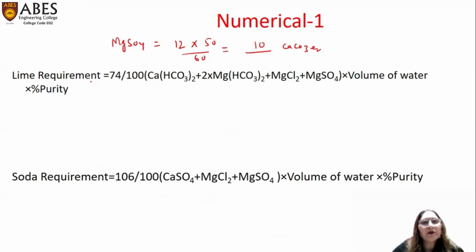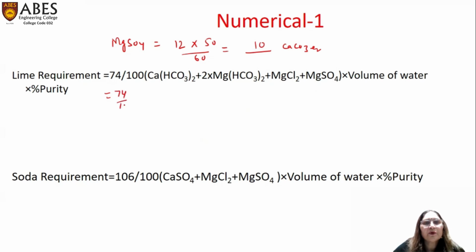This is the formula for lime requirement: 74 upon 100 into calcium bicarbonate plus 2 into magnesium bicarbonate plus magnesium chloride plus magnesium sulfate, into volume of water, into percentage purity.